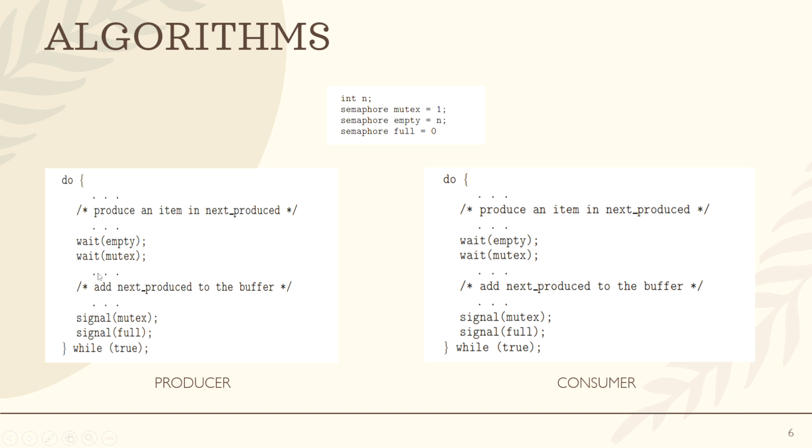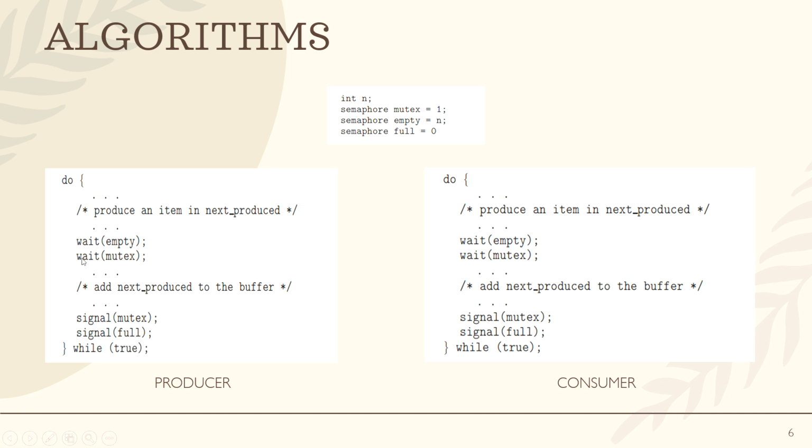consume the resource from the shared buffer, as you see, when it calls wait of empty, it will be reduced, but when it calls wait of mutex, there is a condition for the wait function that it won't allow if the value of the variable is not greater than 0.